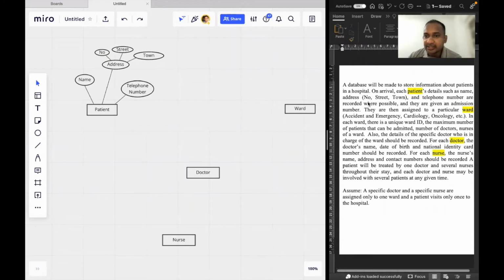After that, it's mentioned that after the registration, the patient will be given an admission number. So we can identify the admission number is unique for each patient. Okay, that is also an attribute in this ER diagram.